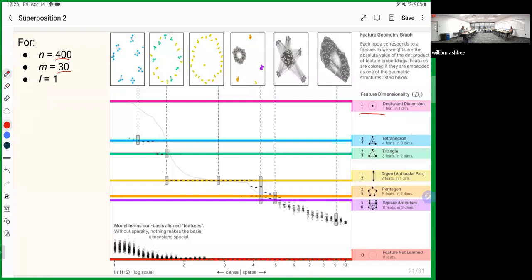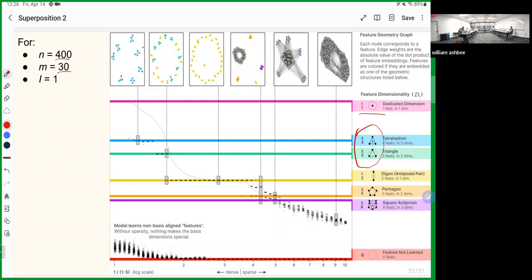As sparsity increases, the superposition states can take a different form, kind of, what is it called? Polytope. Polytope, yeah. And as sparsity increases, these polytopes change.